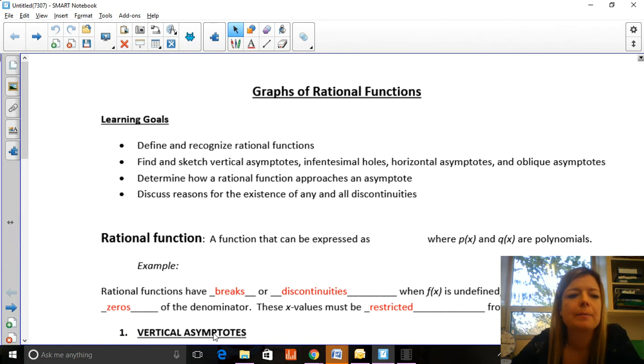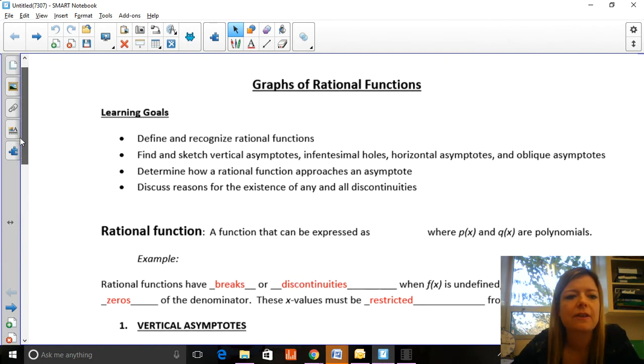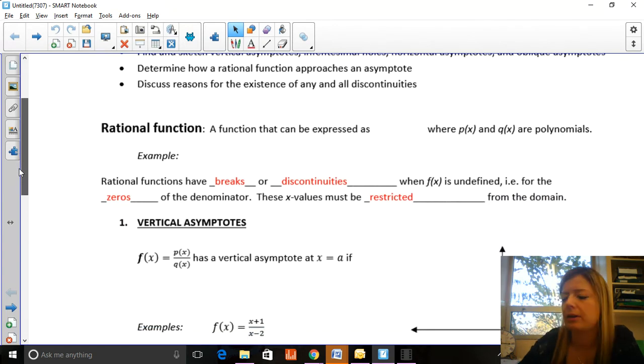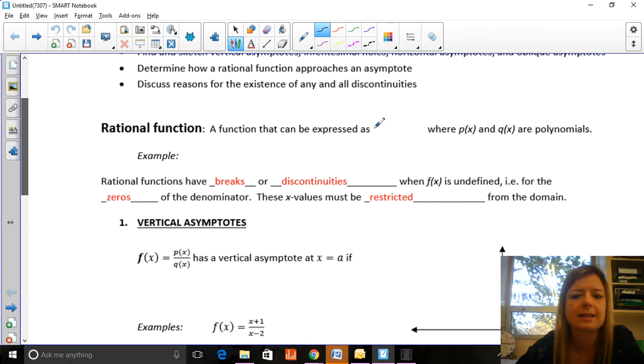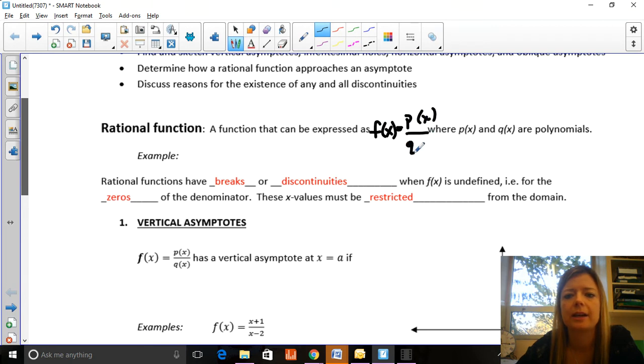First of all, let's define a rational function. A rational function is a function that can be expressed as f(x) equals p(x) divided by q(x), where both p(x) and q(x) are polynomials.